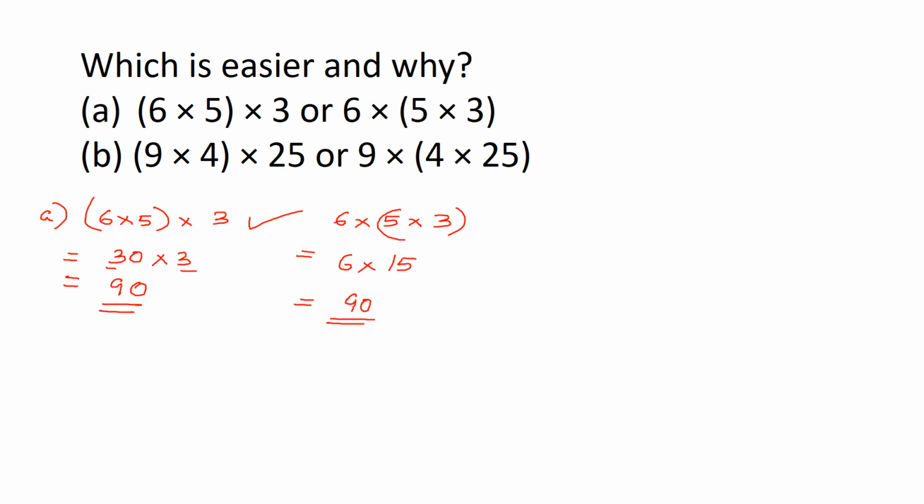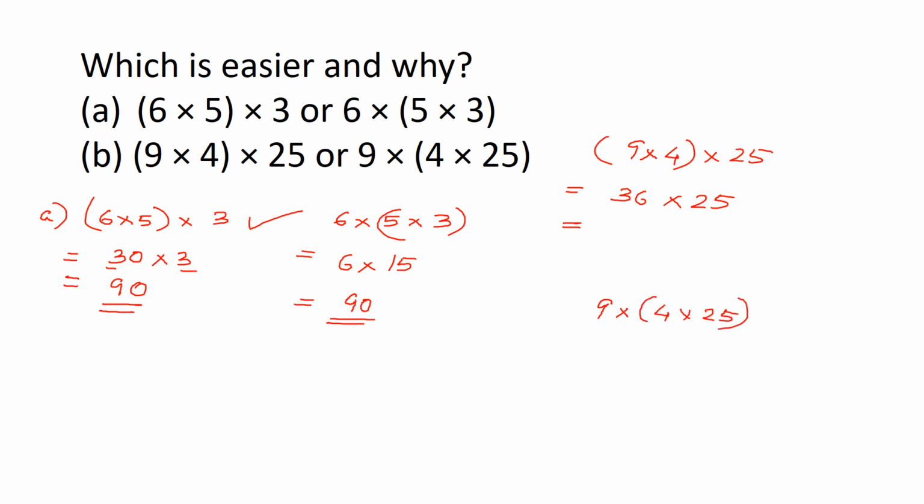Okay. Similar way, can you say 9 into 4 into 25 or 9 into 4 into 25? First one, if you take 9 into 4 into 25, 9 into 4 is equal to 36 into 25. Can you write the answer in one sentence? No. Let us see the other one. Okay, 9 into 4 into 25.